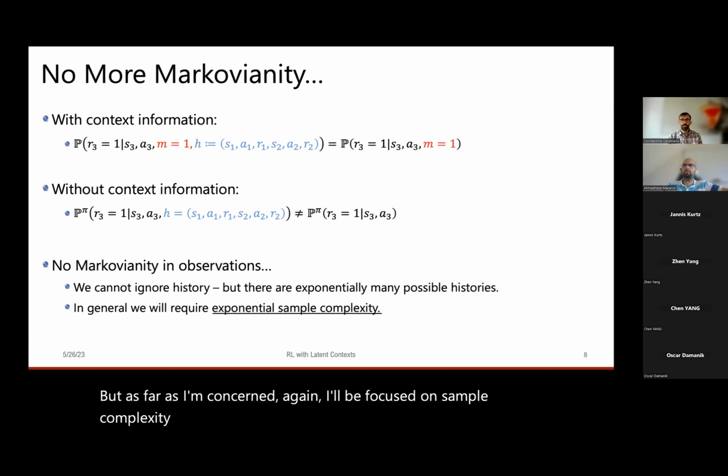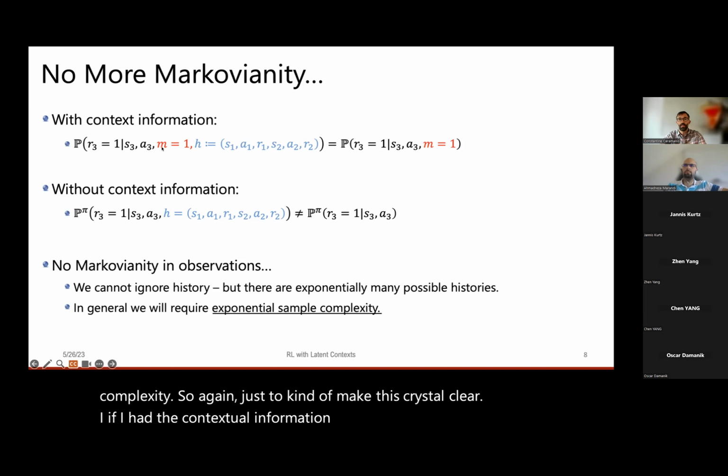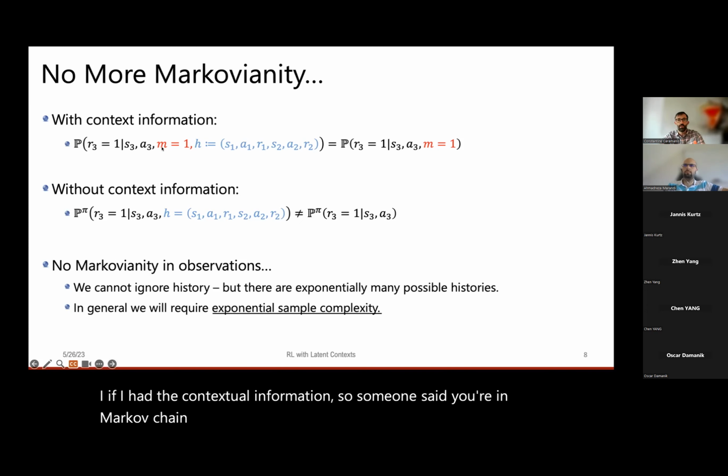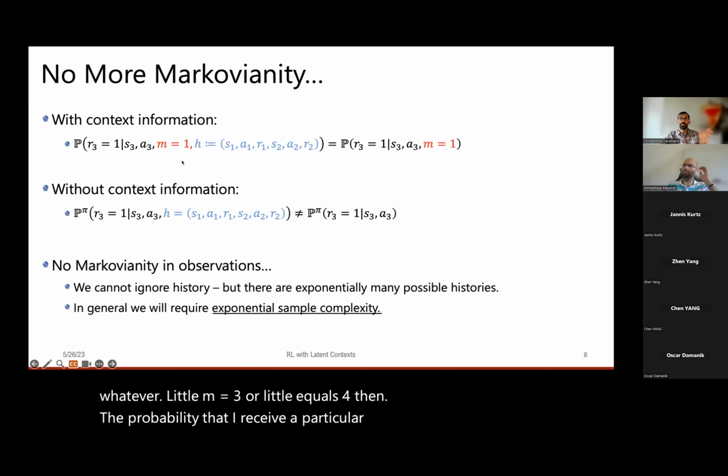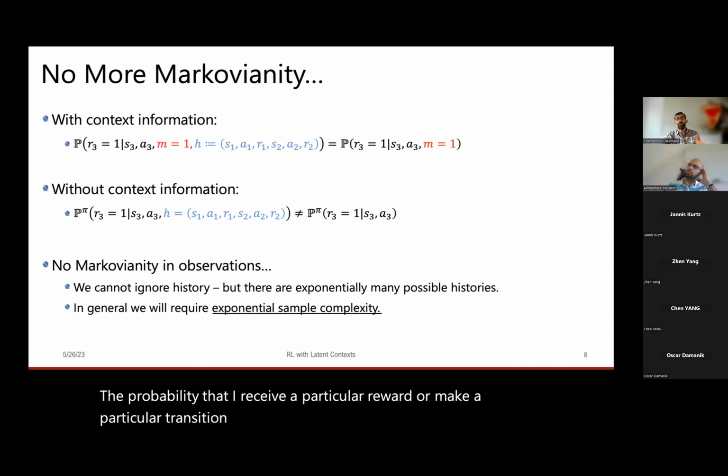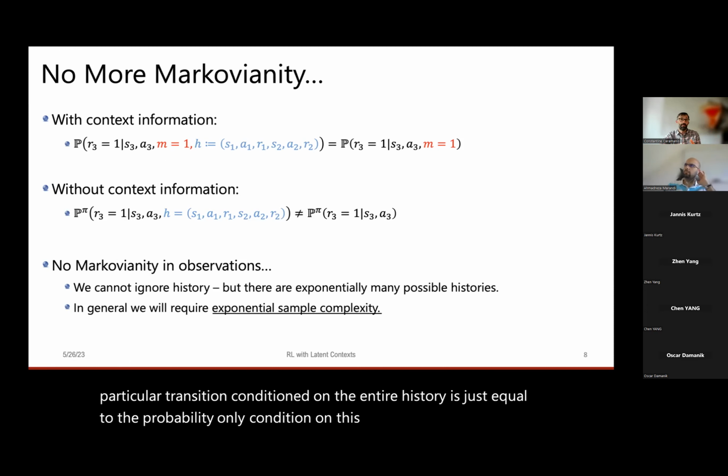complexity. So again, just to make this crystal clear, if I had the contextual information, so someone said you're in Markov chain little m equals 1, or little m equals 3 or little m equals 4, then the probability that I receive a particular reward or make a particular transition conditioned on the entire history is just equal to the probability conditioned only on the state that I'm in and the action that I take right now.